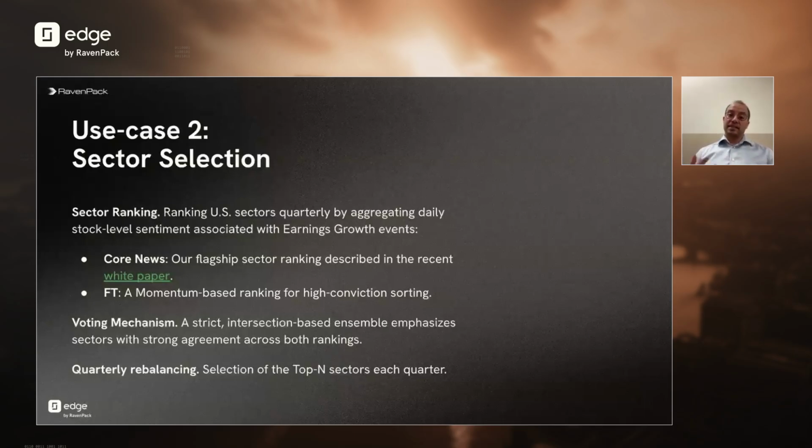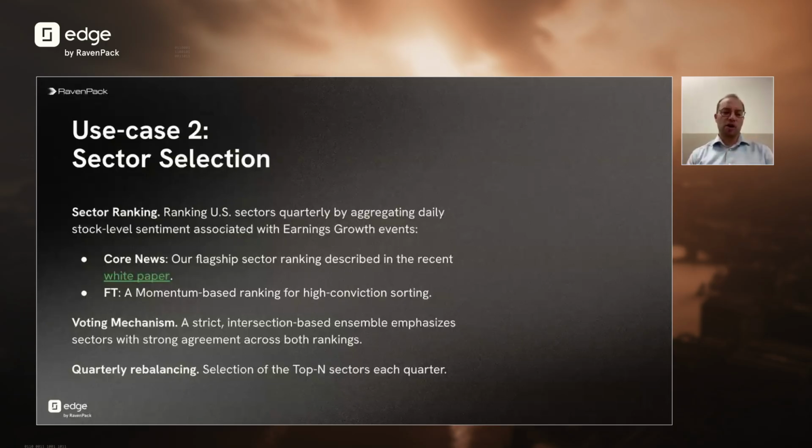And we actually apply a similar type of filter from an event perspective. So we look at this earnings growth concept where we take anything related to earnings, revenues, dividends, as well as asset-related news within our taxonomy. So that would cover patents and facilities open and close.